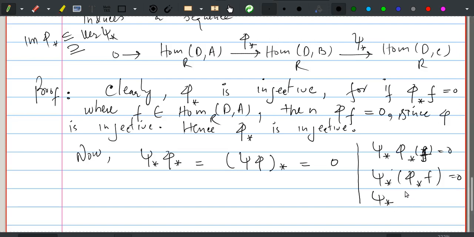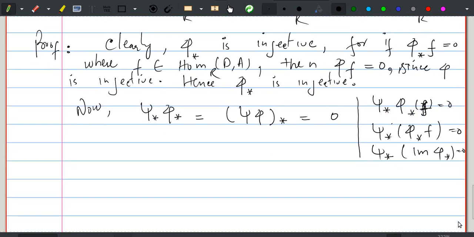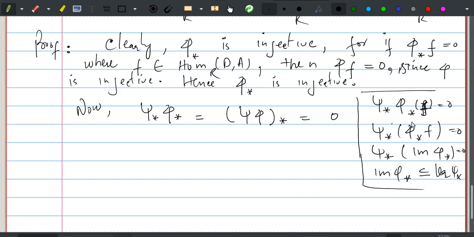So psi star, when operated on image of phi star, is 0. That means image of phi star is contained in kernel of psi star. We do not need to write this down, it is just a side note.